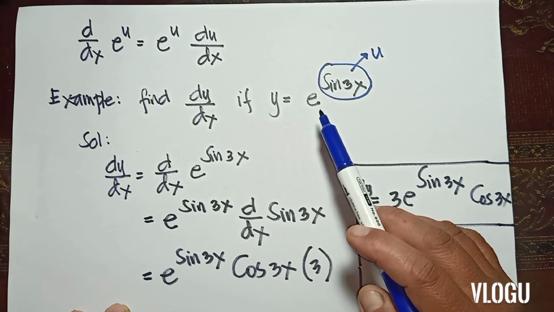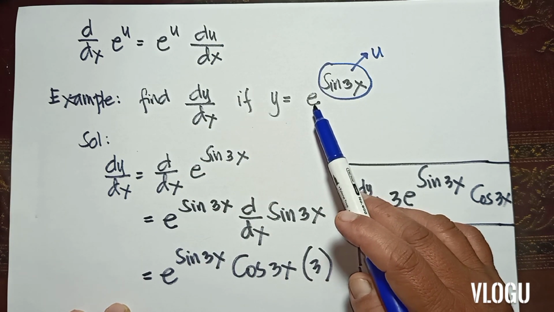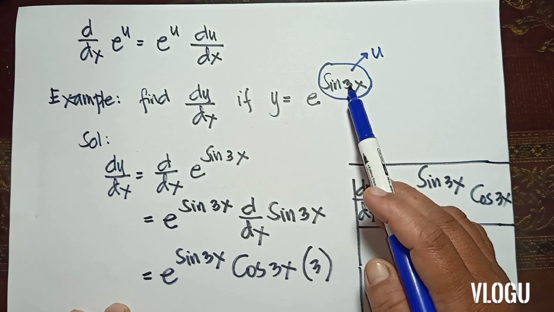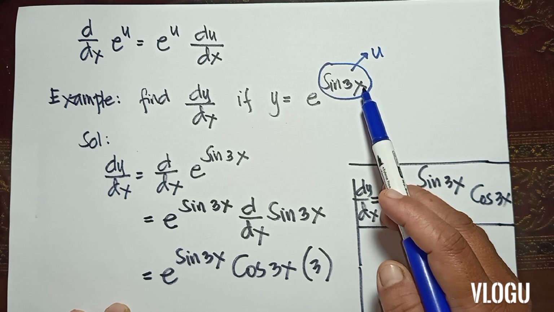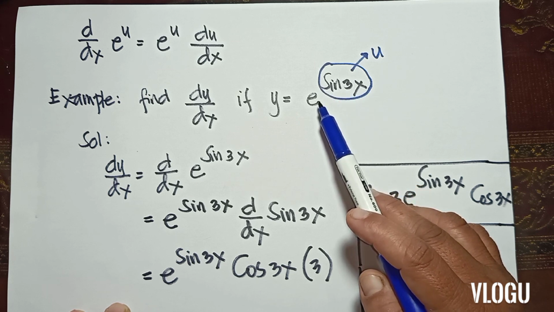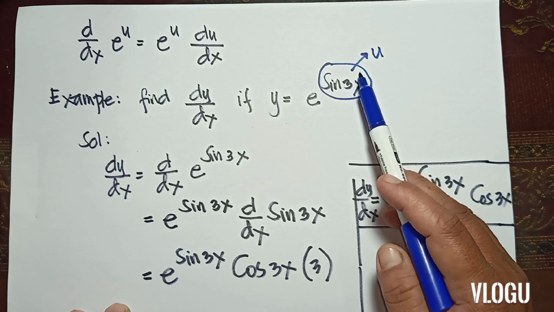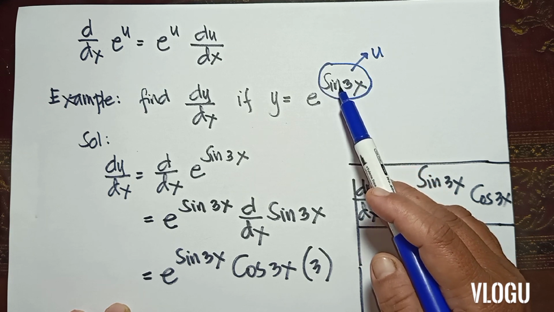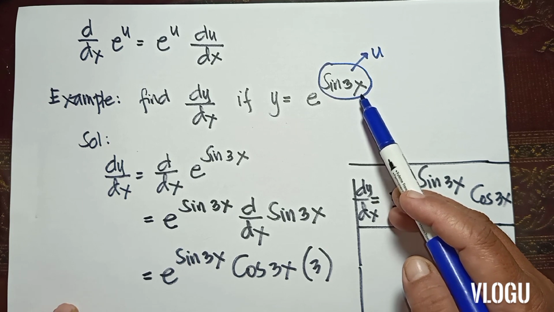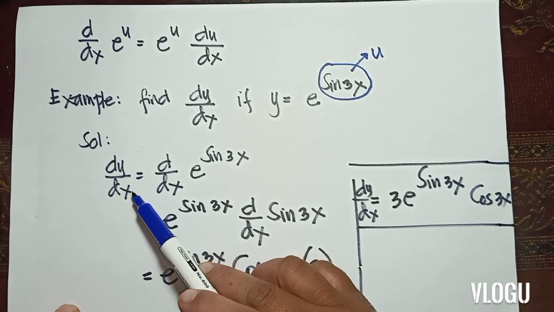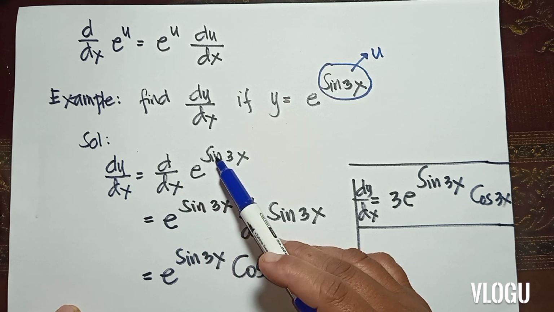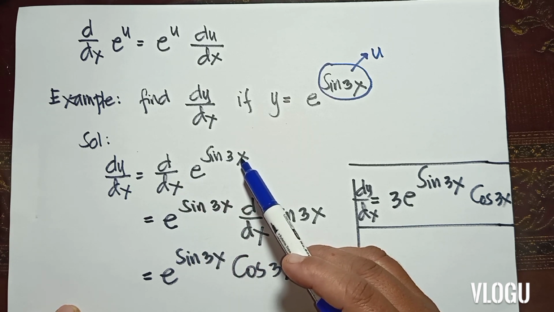So our first example, we are going to find the derivative of y equal to e to the sine 3x. If we look at here, this is a form of e to the u, wherein our u is sine 3x. So to solve this one, we have dy dx is equal to d dx of e to the sine 3x.